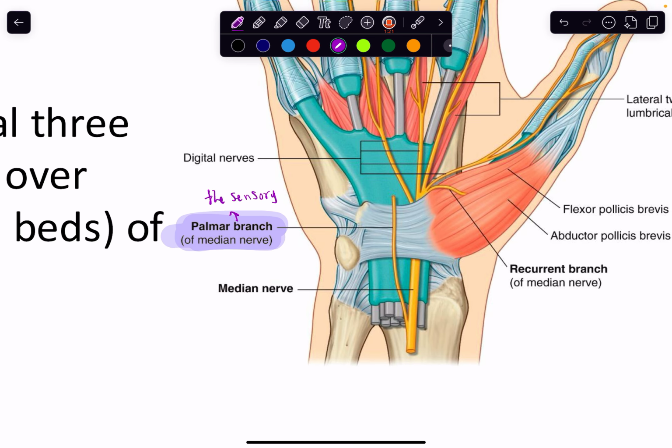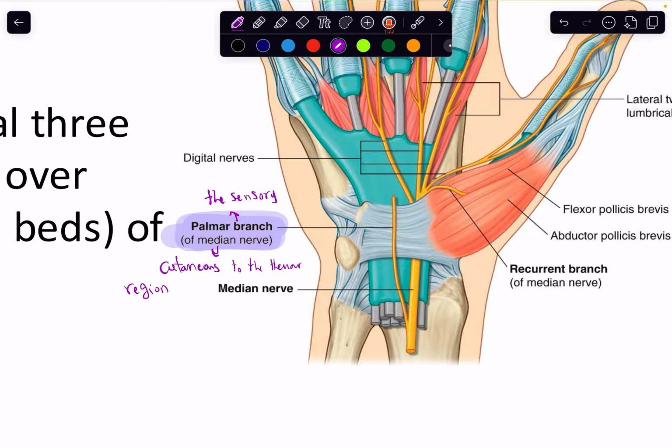This is a very small branch, but it is above the flexor retinaculum, right? That's why when there is carpal tunnel syndrome and the median nerve is compressed, the sensation of the thenar is intact. Why intact? Because the branch is given before entering into the tunnel, so it carries the sensation, no problem.